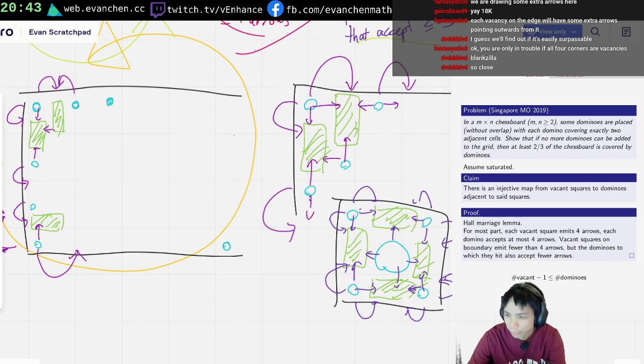Okay, the number of vacancies is equal to the grid size mn minus twice the number of dominoes.